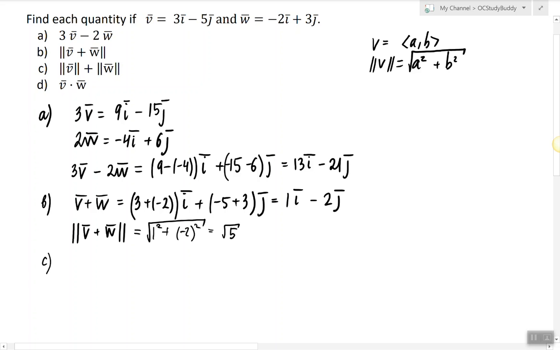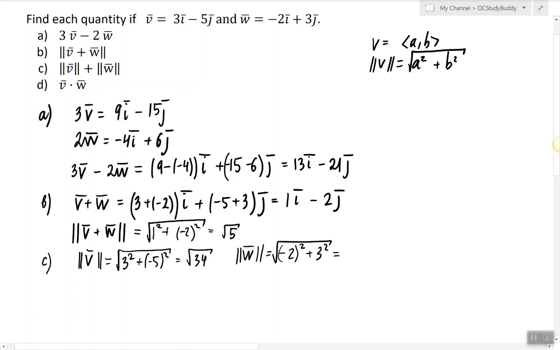In part C, we ask to find the magnitude of v and magnitude of w separately. So magnitude of v will then be square root of 3 squared plus negative 5 squared, which is square root of 34, and magnitude of w will be negative 2 squared plus 3 squared inside of the square root, and the sum of the magnitudes is simply square root of 34 plus square root of 13.